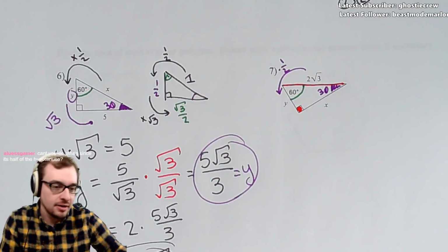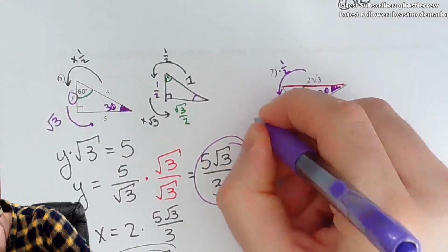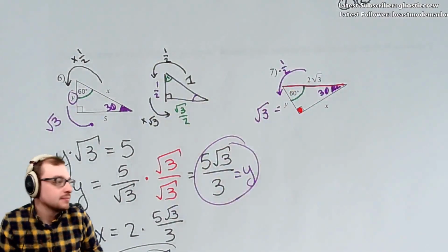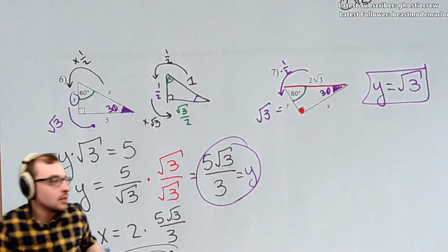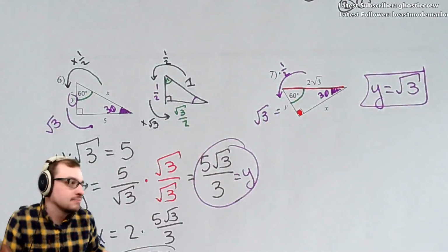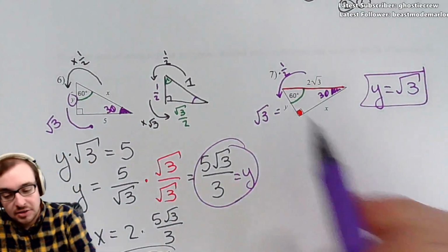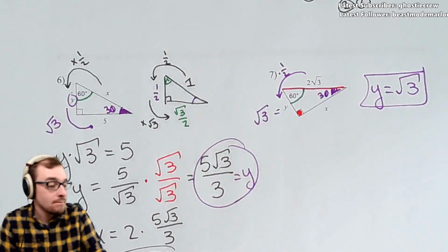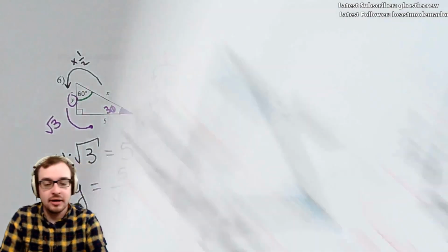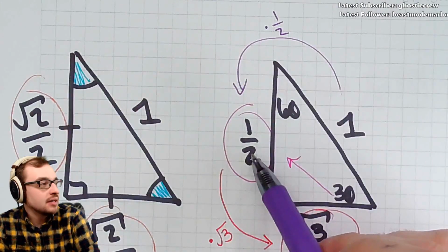So we know that y is going to be root 3, right? I'll write that over here so we can see that. Y is root 3. It's half that, right? Well, you can either do Pythag now, because you have root 3 squared plus we don't know squared equals this guy squared. Or you can look at your special right triangle, Alex. Right? This guy's always half of this guy.